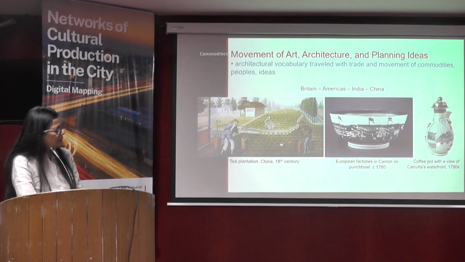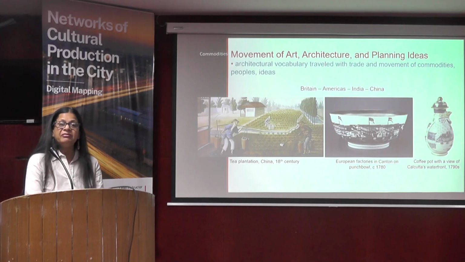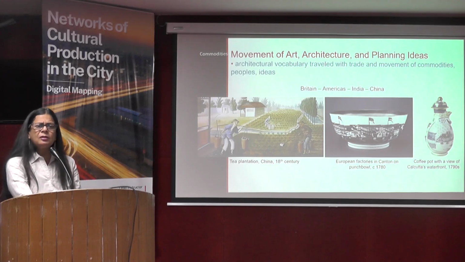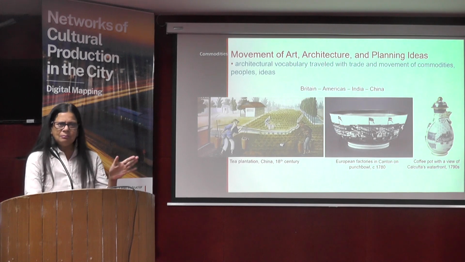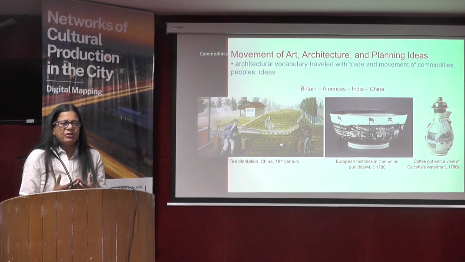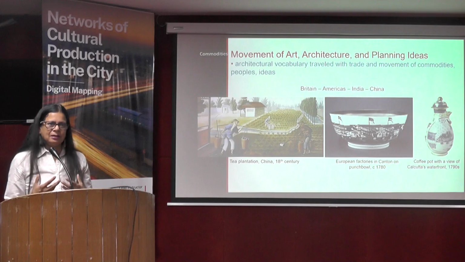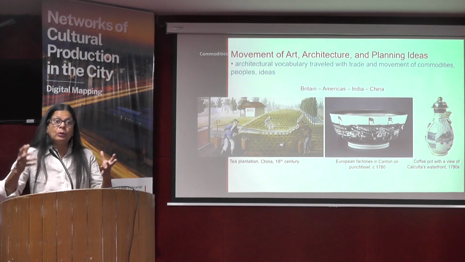And this one doesn't look like much, but it actually represents Calcutta's waterfront in 1790, based on a 1750s drawing, which is thoroughly inaccurate. But I don't need to go in there. The point is that the Calcutta waterfront is represented in porcelain.